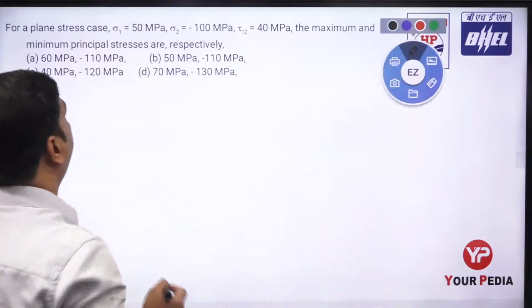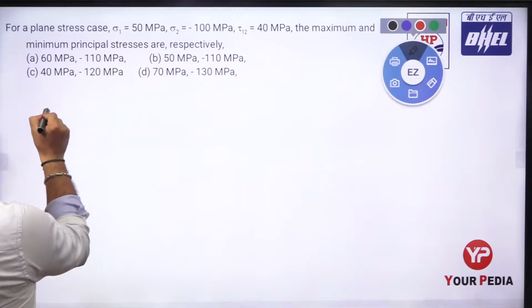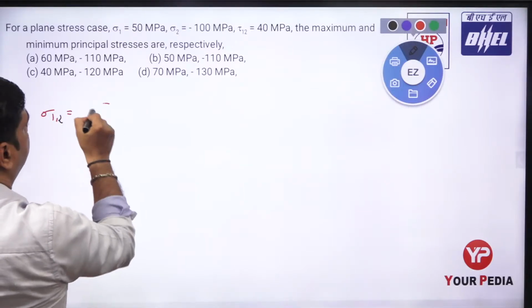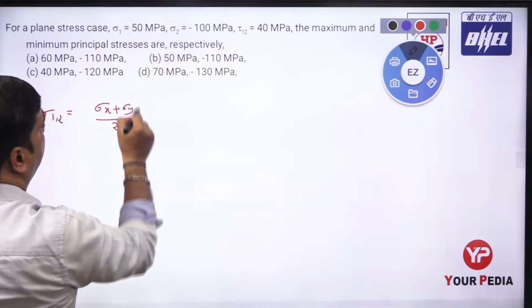So as we know, it is just asking the maximum and minimum principal stress. So what is the formula for the principal stress? It is sigma 1, 2 equals sigma x plus sigma y divided by 2, plus or minus the square root of (sigma x minus sigma y divided by 2) squared plus tau squared.